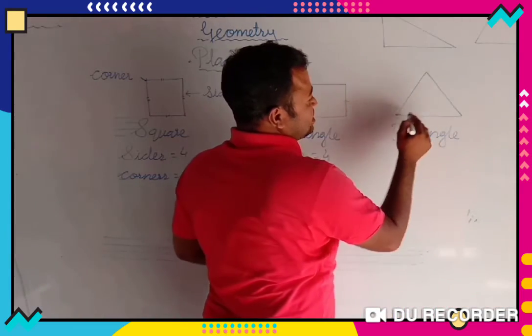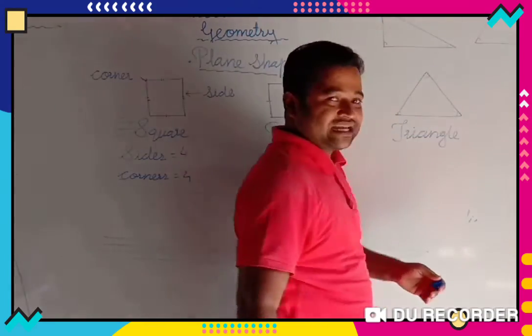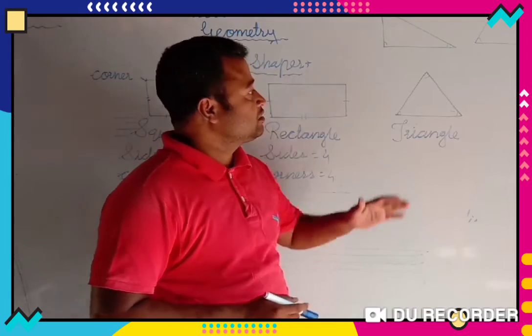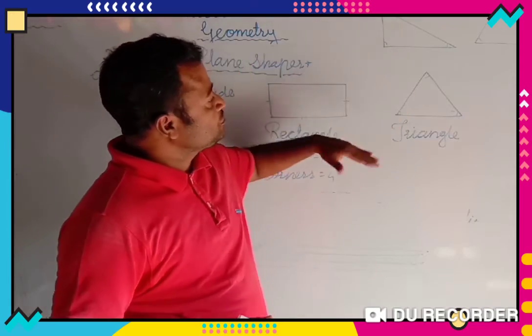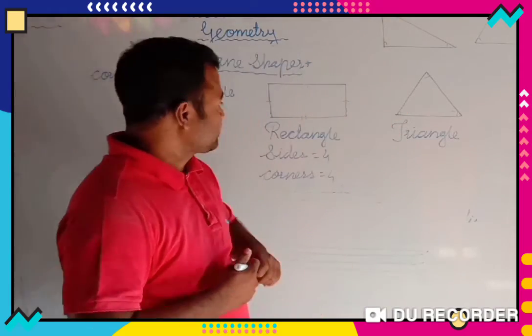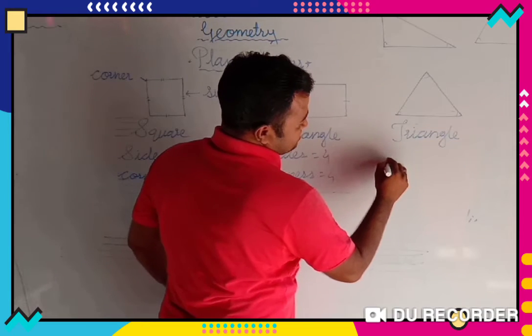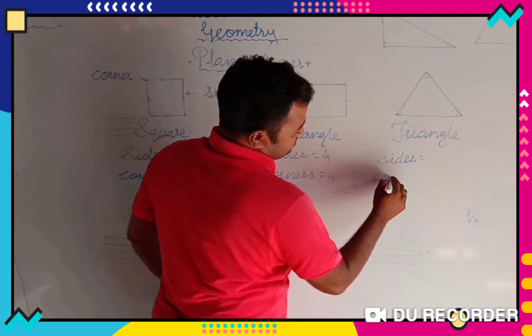A geometrical figure which has three angles is called a triangle. There are different types of triangles, some based on sides and some based on angles, that we are going to study further. So a triangle has how many sides and corners?